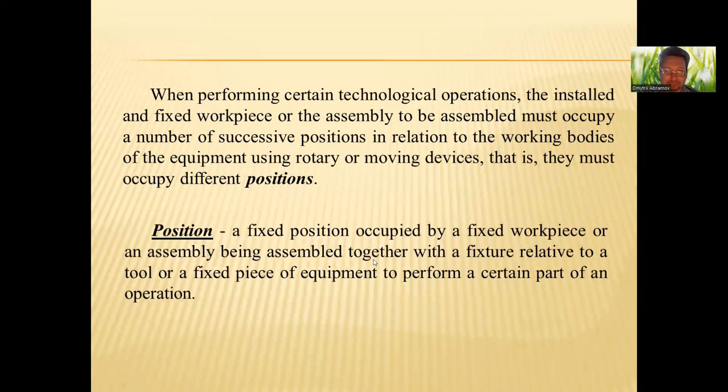So, position. Write down to your notes what is position. Position, a fixed position occupied by a fixed workpiece or an assembly being assembled together with a fixture relative to a tool or a fixed piece of equipment to perform a certain part of an operation.